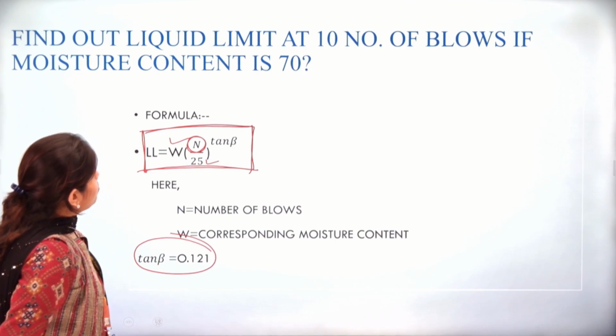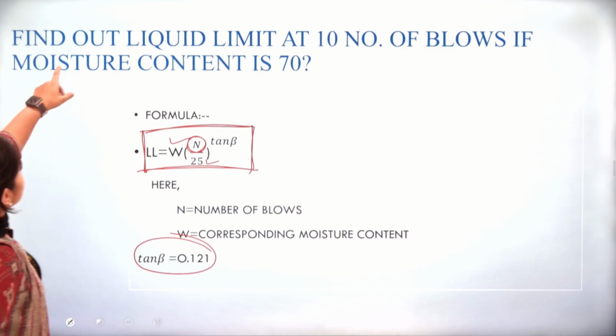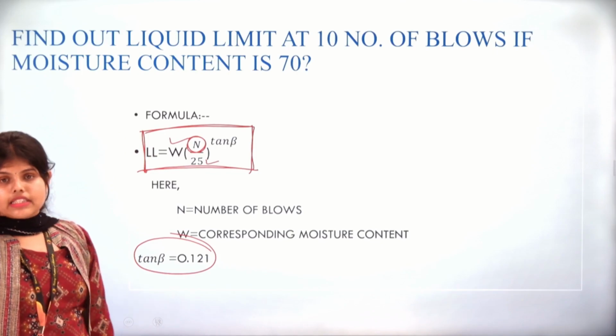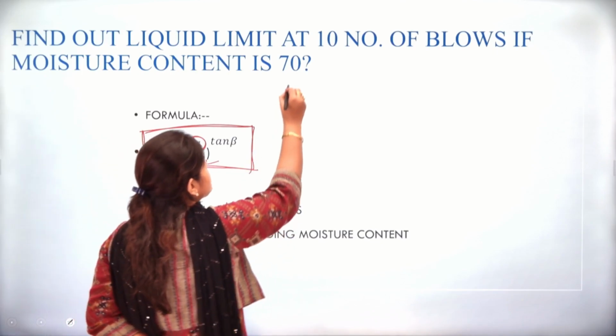So, let's solve one question. Find the liquid limit at 10 blows if the moisture content is 70. How to solve this?